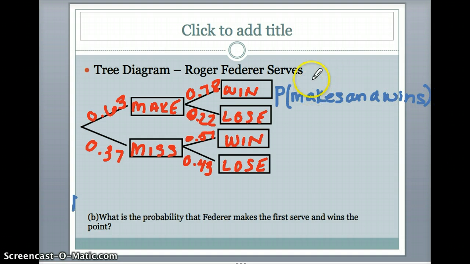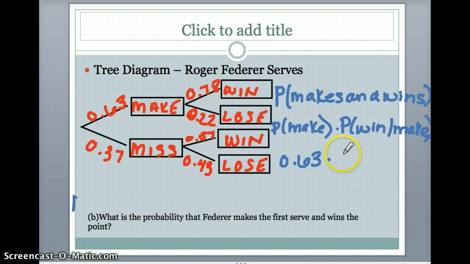The probability that he makes it has to be multiplied with the probability that he wins the point given that he made the first serve. So the probability that he makes the first serve was 63% of the time, and the probability that he wins the point after he served was 78% of the time, and so this is going to give us 0.4914, which is approximately 49%.